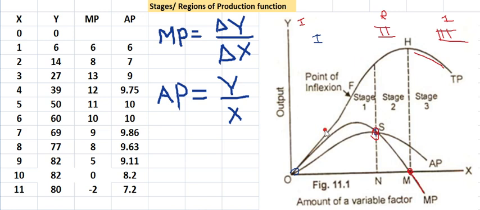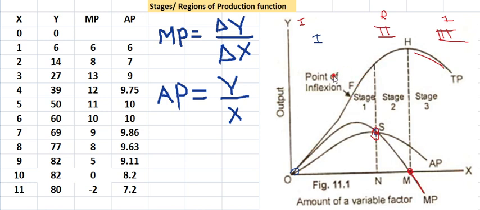So in the first stage, average product is increasing, and one of the reasons behind this is that there may be underutilization of various resources, and due to the underutilization of resources there is a low level of production or less output in this region.